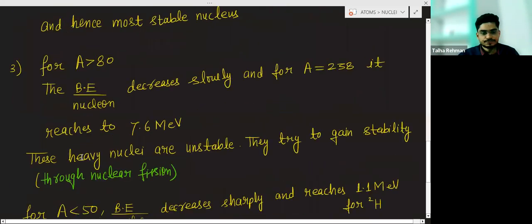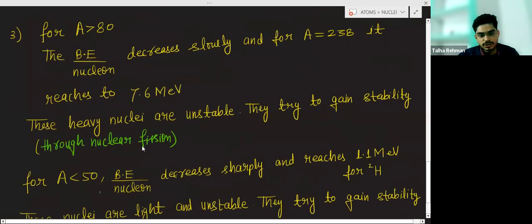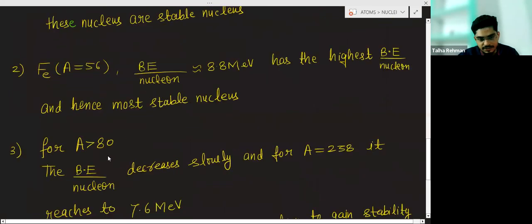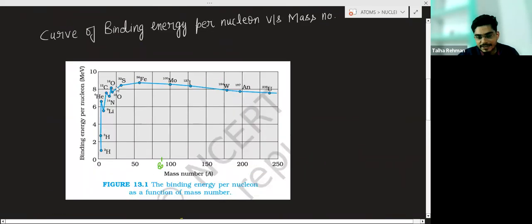Last point, A less than 50. Now see, A less than 50 means in this region the graph is decreasing sharply, meaning the binding energy per nucleon is decreasing sharply. See this, H2, H3 have very less binding energy per nucleon.